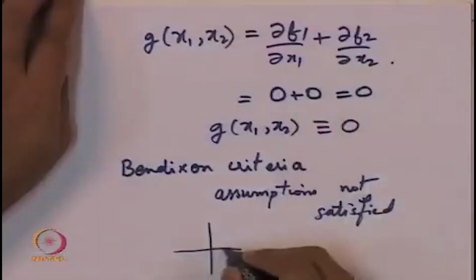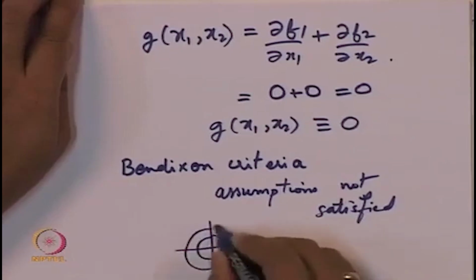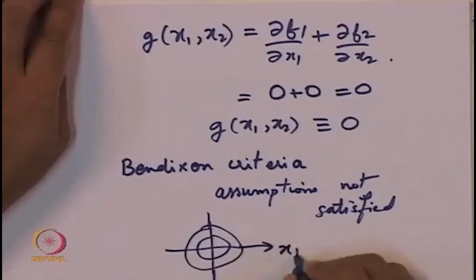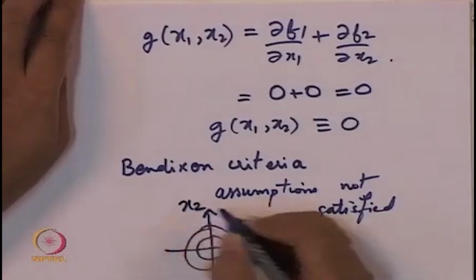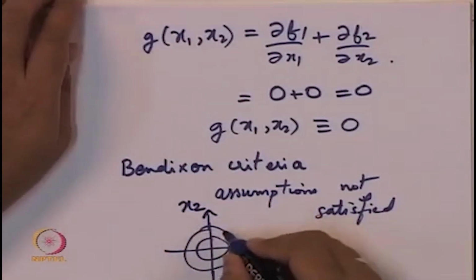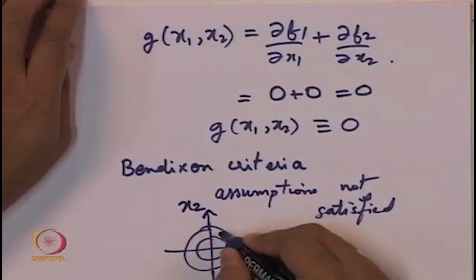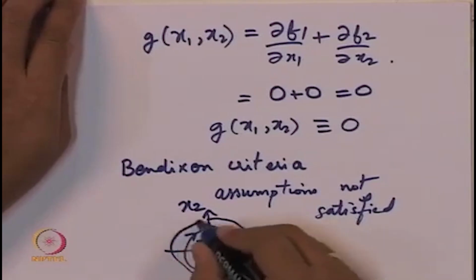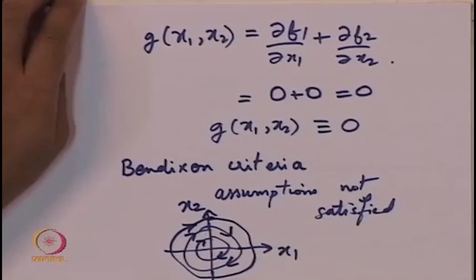In fact, these are all the periodic orbits. From any initial condition on this plane, there is a periodic orbit passing through it.